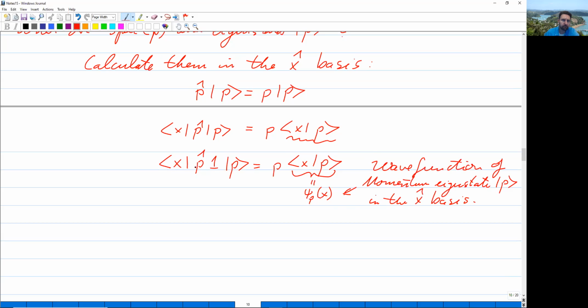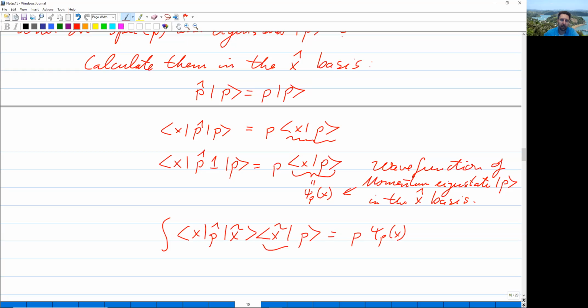Now, let's insert a resolution of the identity in the position representation over here. So we obtain that this is the integral of <x|p hat|x tilde>, and then we have here psi p of x.